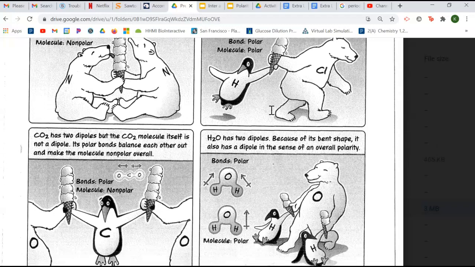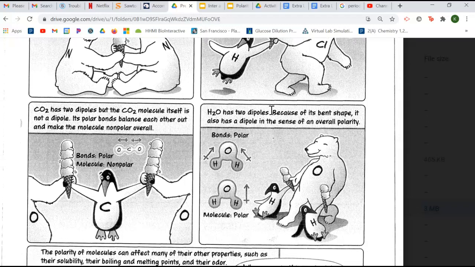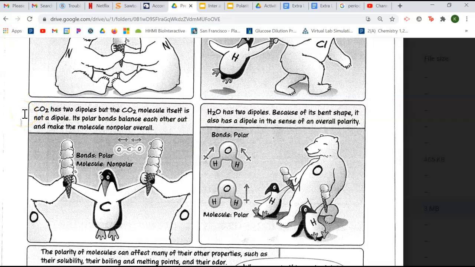Now in some cases, you've got three atoms, and they're doing a tug and pull equally. So CO2 has two dipoles, but the CO2 molecule itself is not a dipole. It has polar bonds, but those polar bonds balance each other out because they are equal and opposite tugs and pulls, and that makes the molecule nonpolar. Now this is different to water. Water has this sort of bent shape. We'll be discussing that a little bit closer.